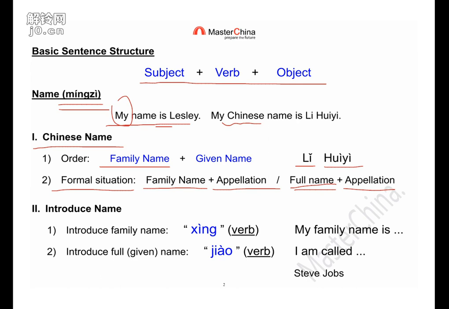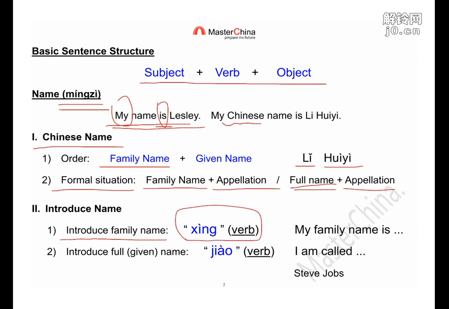Then, how to introduce your name? Before I give you the proper way, I said you would translate word by word as 我的名字是 Leslie, right? You will say 是. Okay, here, when you introduce your family name, we have a specific verb. Please keep in your mind, the specific verb 姓.